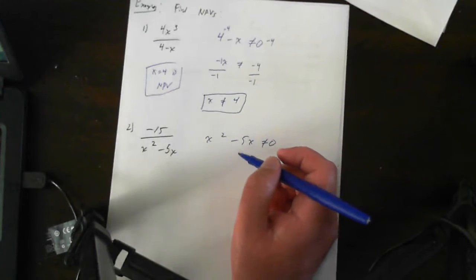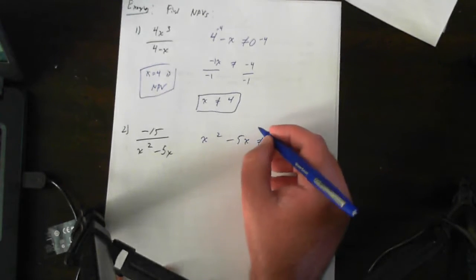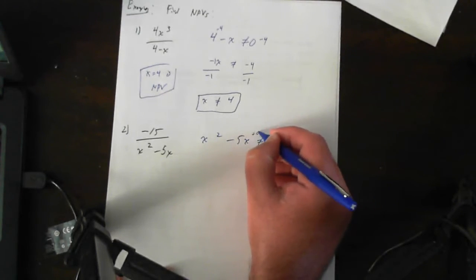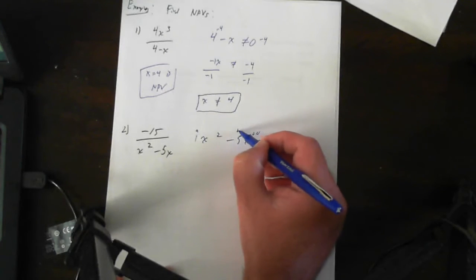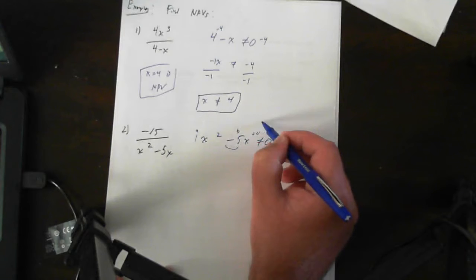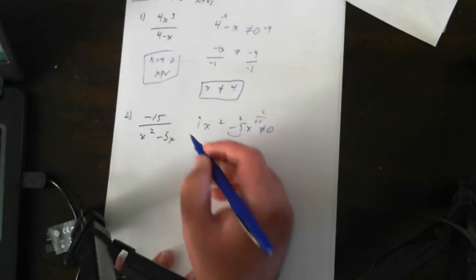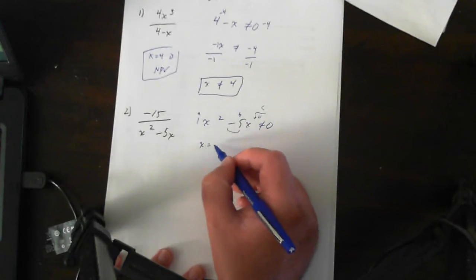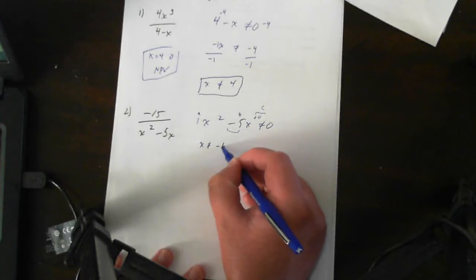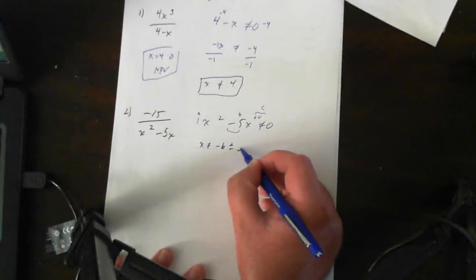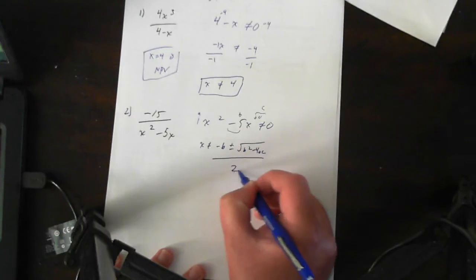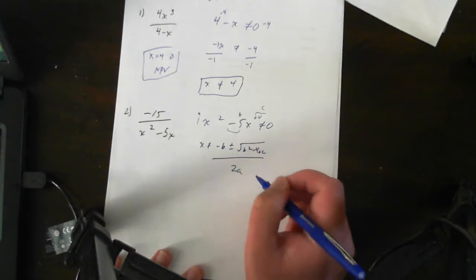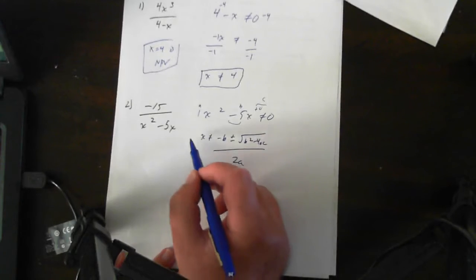There are actually lots of ways. If you want, you could say that this is plus 0 right here. So you have an a value of 1, a b value of negative 5, and a c value of 0. And then use your quadratic formula. So x equals negative b plus or minus the square root of b squared minus 4ac over 2a. That would work. Be a bit time consuming, but it would work.